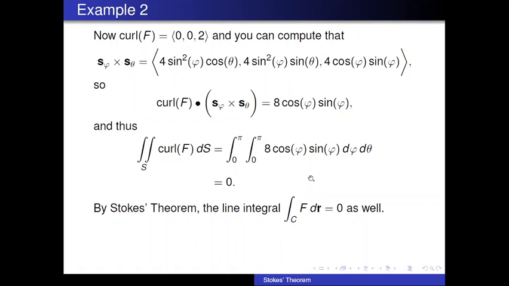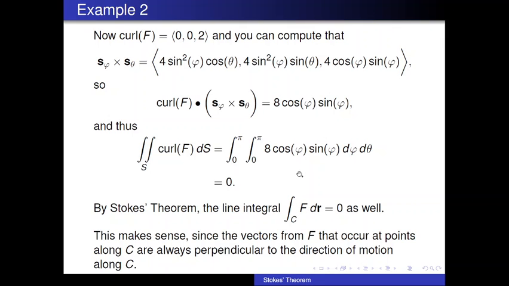They compute some kind of work done by a vector field to move a particle along a certain curve. Well, notice that this curve C is everywhere perpendicular to these vectors from the vector field F. So it should make sense then that the vectors from F are really doing no work to move a particle along C.